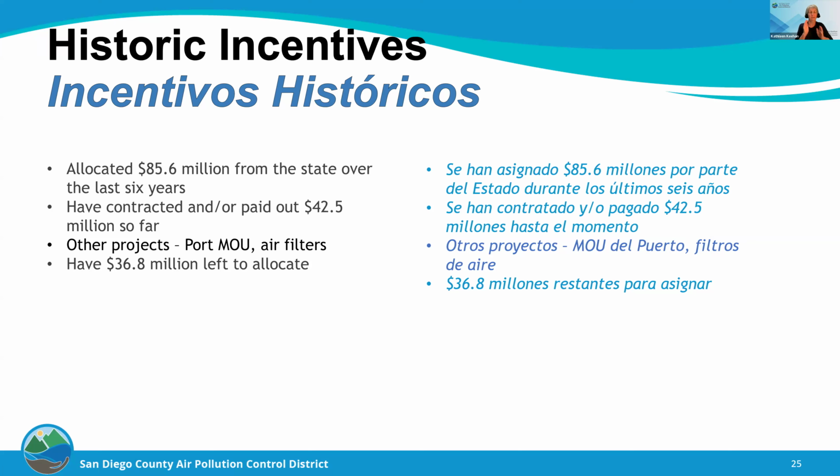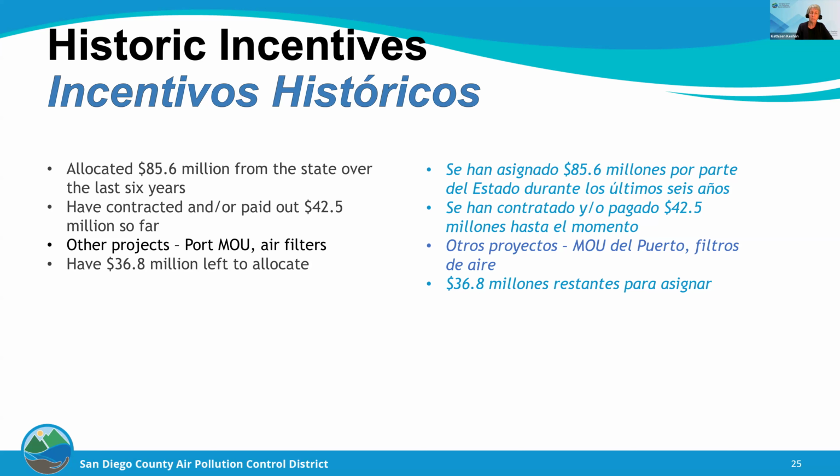So we've set aside some money already for air filters in those communities to expand our PAIR program. That was even before we were talking about this Tijuana River Valley situation, so we're looking to use some of that incentive funding to help with Tijuana River also.